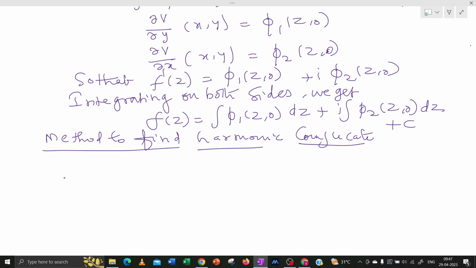Already we know that f of z is an analytic function. So let f of z equal to u plus iv be an analytic function.